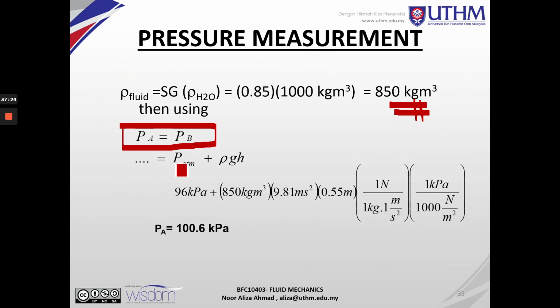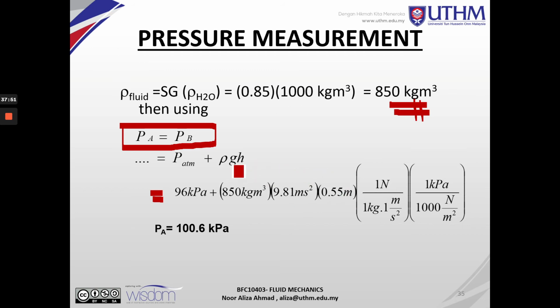PB here is P atmosphere plus rho G H. The P atmosphere we know is 96 kilopascal, this is the density of the fluid, you multiply by 9.81, and the H here is 0.11 meter.